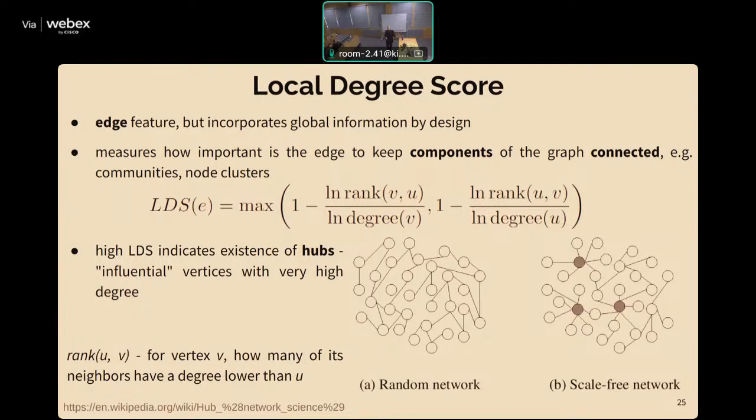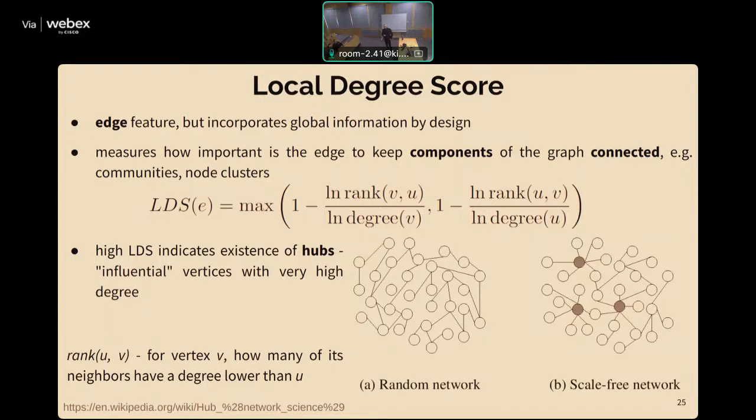The formula is pretty complicated. I won't exactly go into details here, but shortly, it counts on average for a given edge: does this connect on average very high degree vertices? So are two influencers on the ends of an edge.